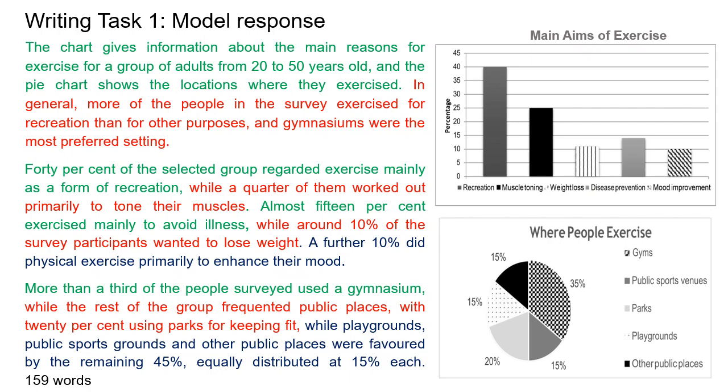It says more than a third of the people surveyed used a gymnasium, while the rest of the group frequented public places, with 20% using parks for keeping fit, while playgrounds, public sports grounds and other public places were favored by the remaining 45%, equally distributed at 15% each.